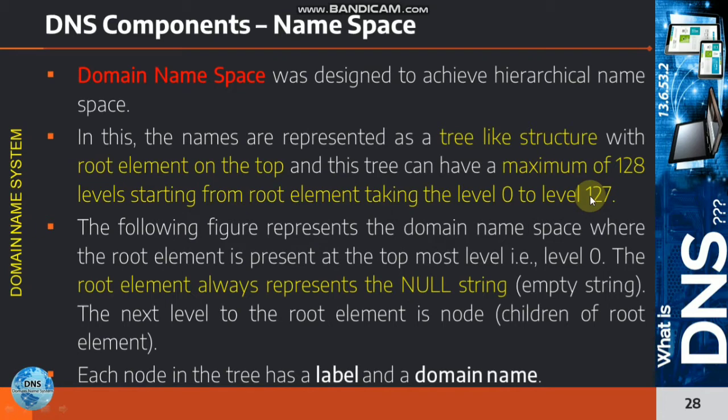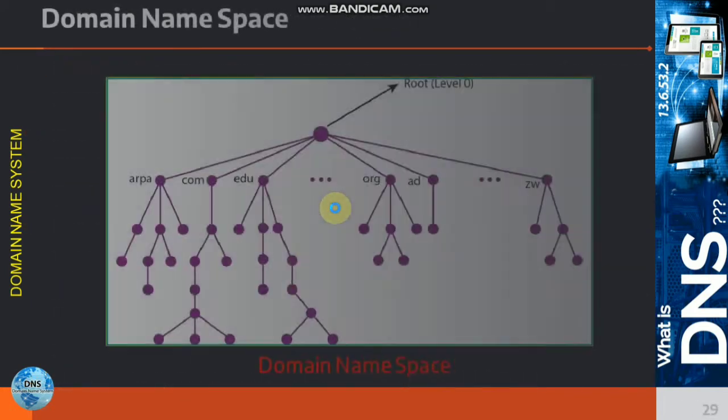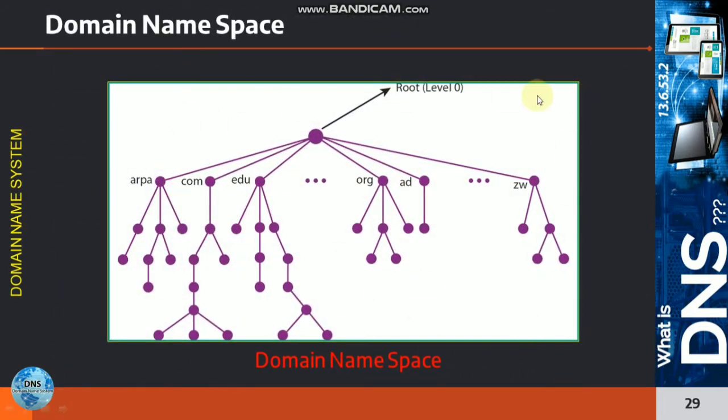Like that you can come to a clear idea. This is the diagram given in your textbook. So this will be your root level. Always the domain namespace starts from level 0 and goes up to level 127.